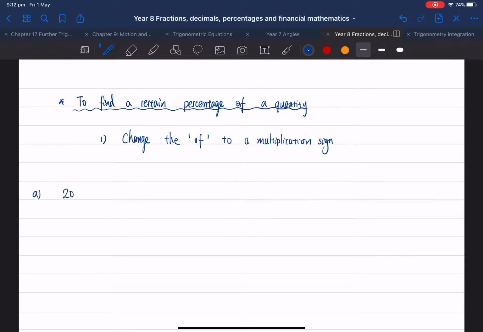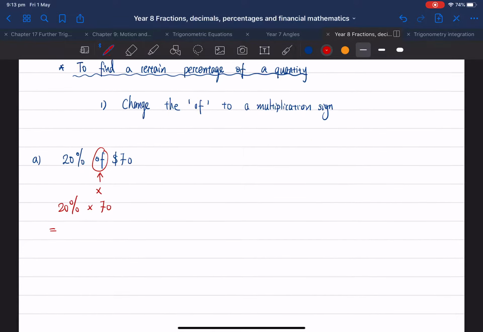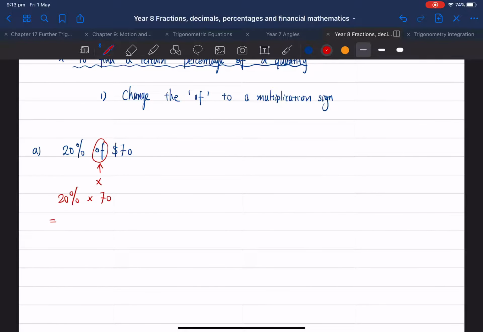If I want to find out what is 20% of $70, how do I do it? 20% of $70, well, the first step here is change the word off to times. So that gives you 20% times by 70. Once you finish that, you can use your calculator, or in this case, you can just do the calculation by changing that 20% into a fraction.